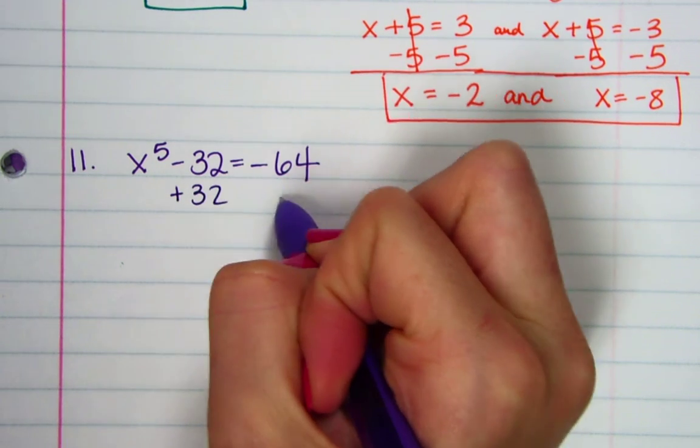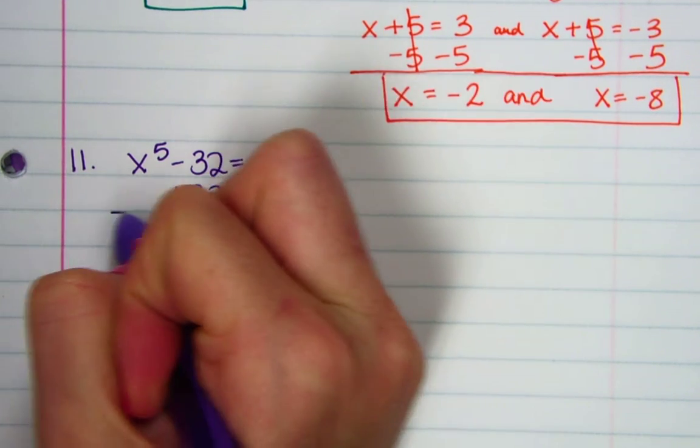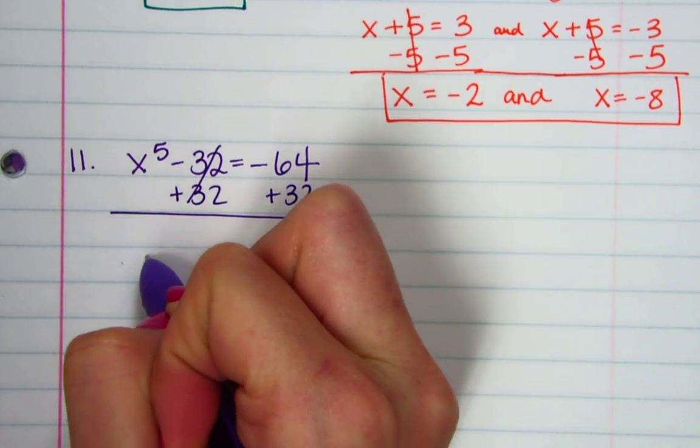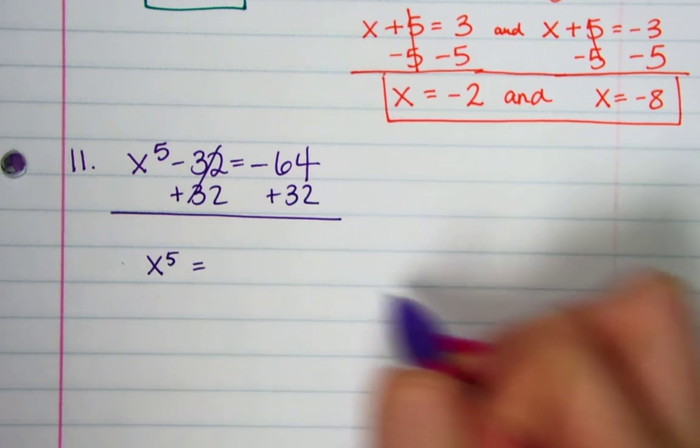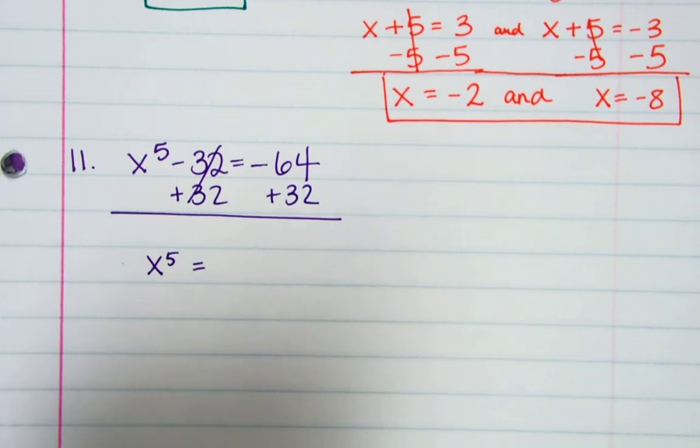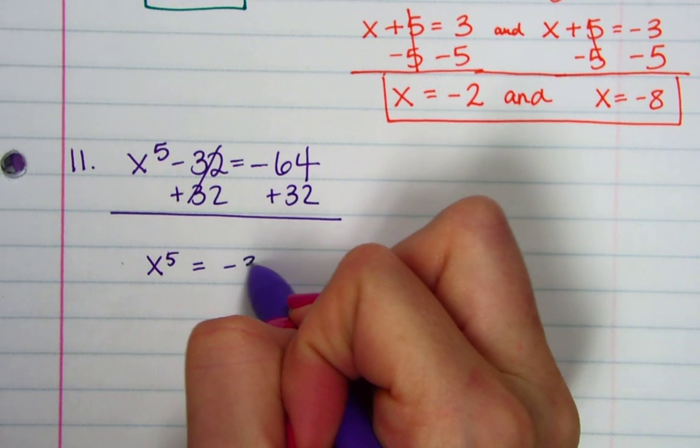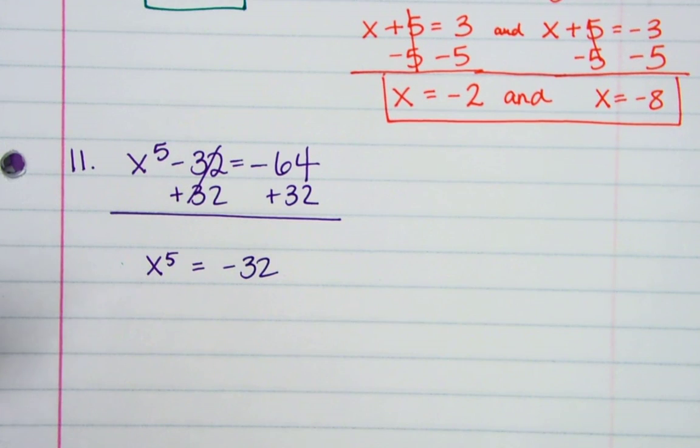Plus 32. Sorry, Michael. What is it? Negative 32. Okay. Now what?